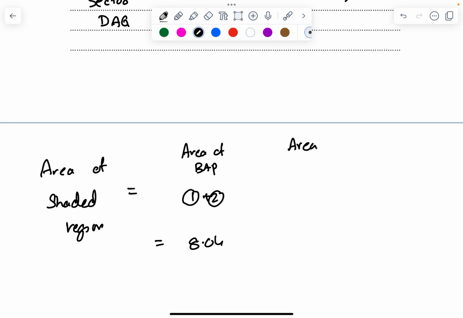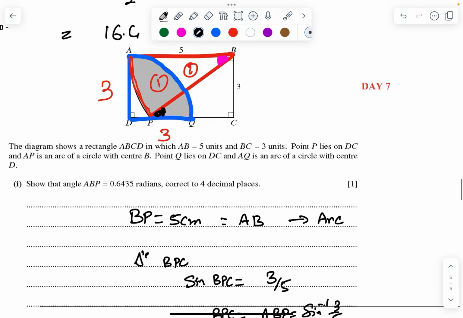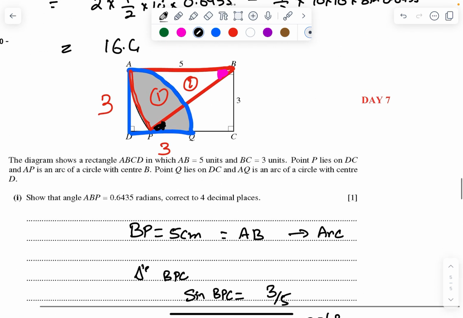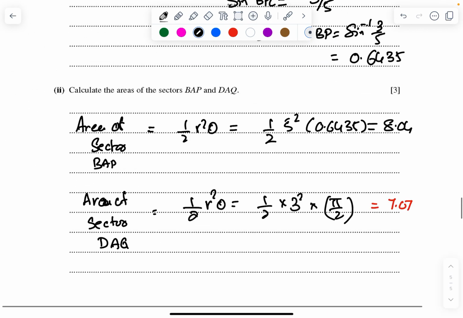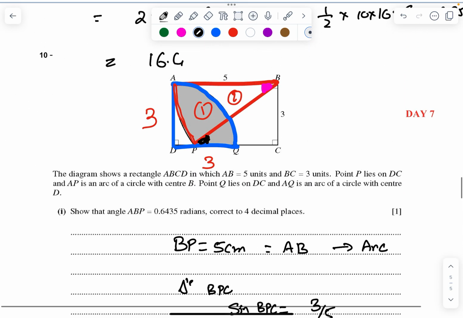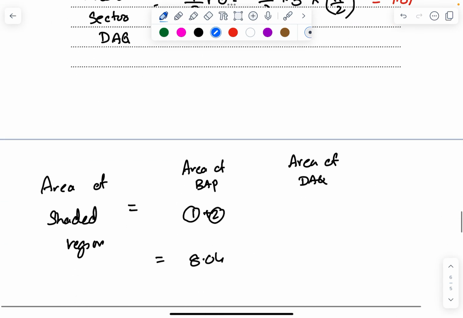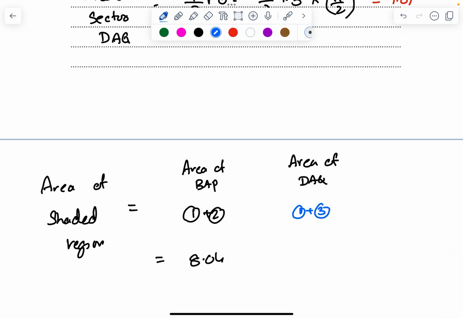Next, I find the area of DAQ, which is 1 plus 3, which is 7.07.